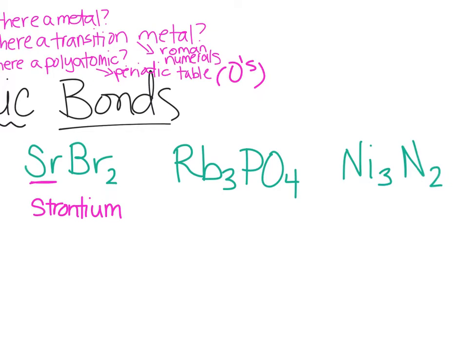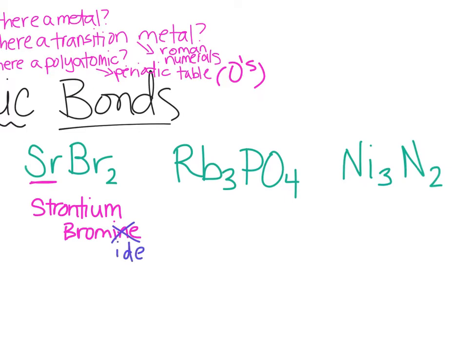So who's Br? Bromine. But what do we do to bromine to make it correct? What do we have to end it with? Is it strontium bromine? Doesn't that sound weird? Bromide. There we go. So we're going to take off that last little ending and add "ide."